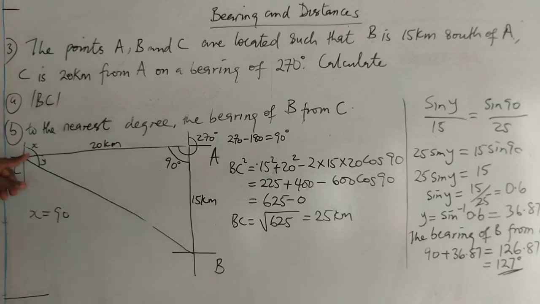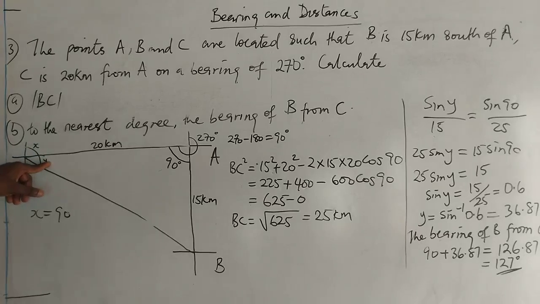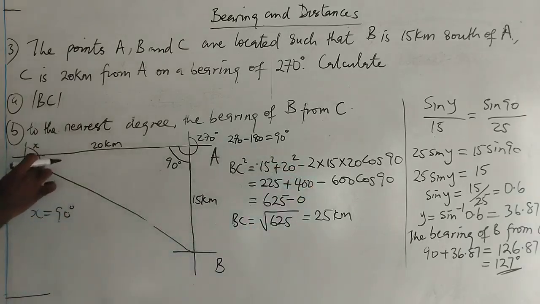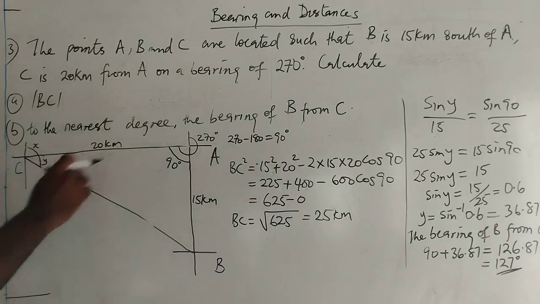So in this last one, we saw that we have x and y. We got x because it is a right angle. The arc started from 0 and reached east, which is 90. That's why we got x equals to 90 degrees. And then our y, we had to use sine rule to get the angle inside of the triangle.